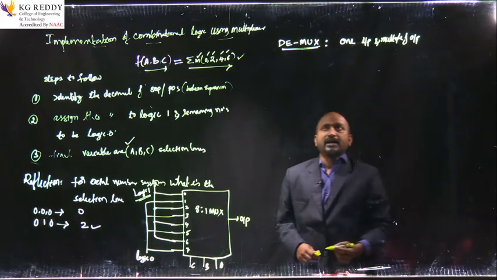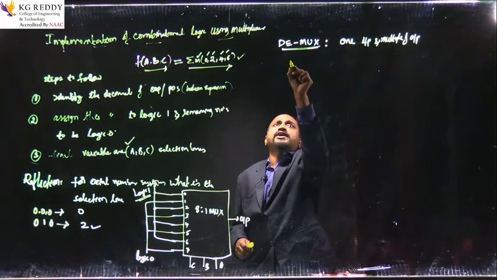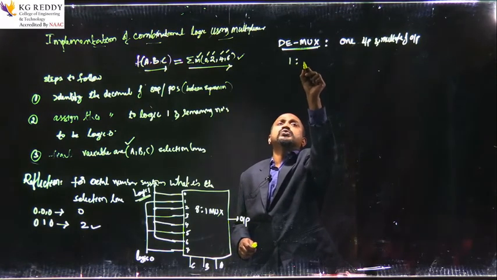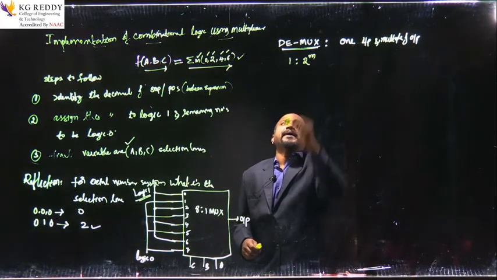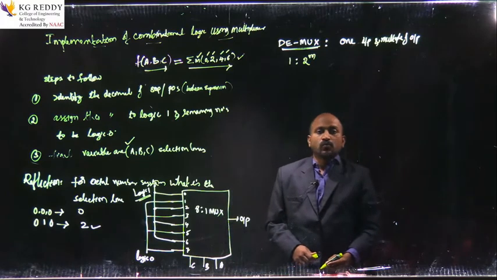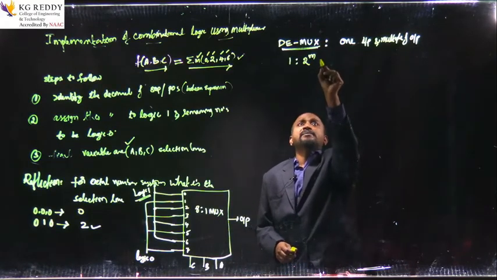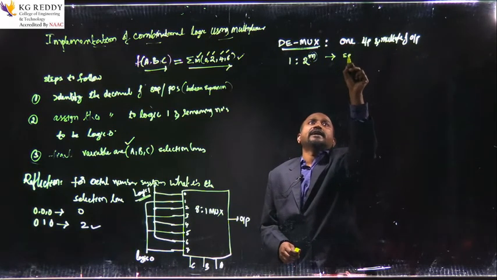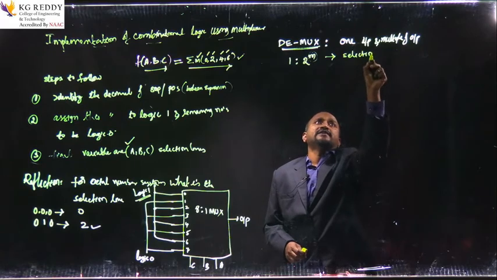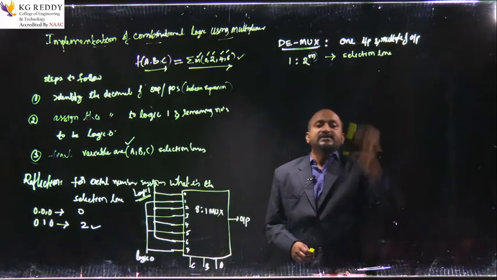That means we have the formula 1 is to 2 power m outputs, where m is the selection line.